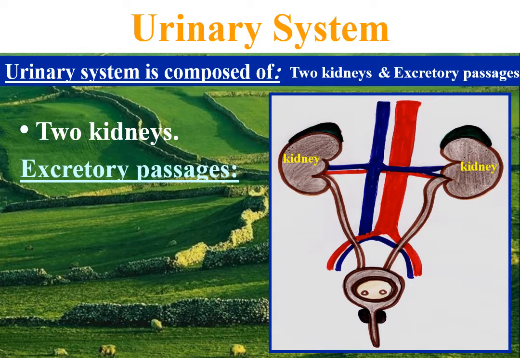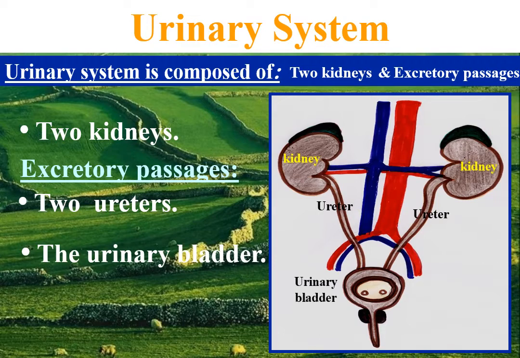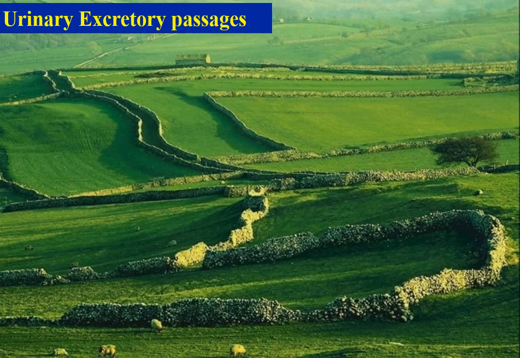The excretory passages are concerned with the conduction of urine from the kidney to the outside of the body. They are the two ureters, the urinary bladder, and the urethra. Urinary excretory passages.